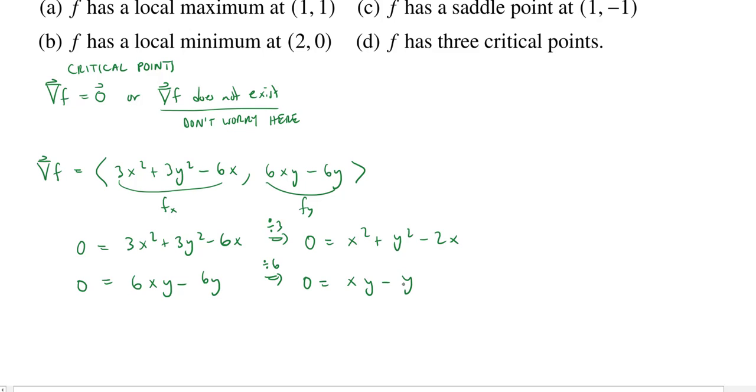Let's play with this bottom one first, because it looks easier, frankly. I notice I have a y that I could factor out, and I'll be left with an x minus 1. So I now have 0 is equal to a product of two numbers. By the way, notice I didn't divide by y. Unlike these constants, which are definitely not 0, it's possible y does equal 0.